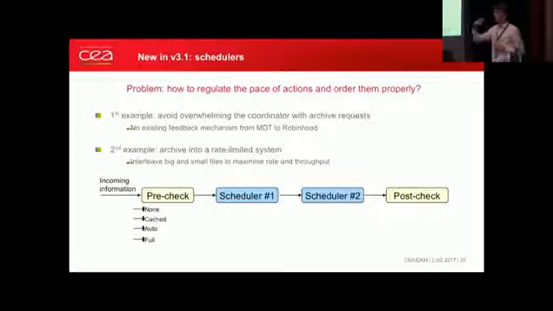Then it will transmit the entry to scheduler number 1, which will decide whether the entry should be processed now or delayed, or if everything should abort. Then scheduler 2, etc. And the post-check is just like the pre-check, because the schedulers, of course, may significantly delay the processing of the entries. Post-check can be done.